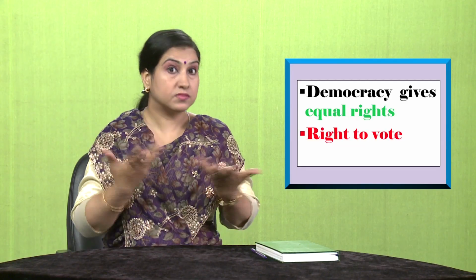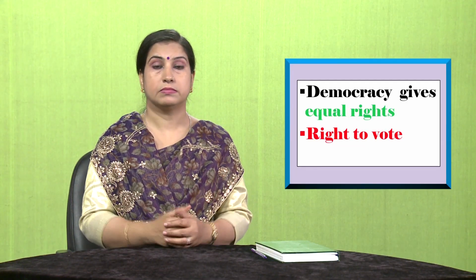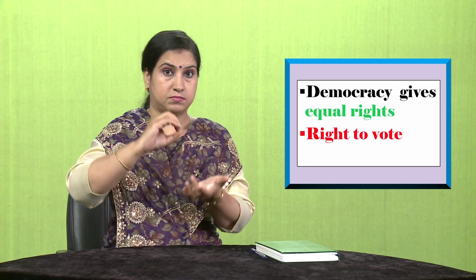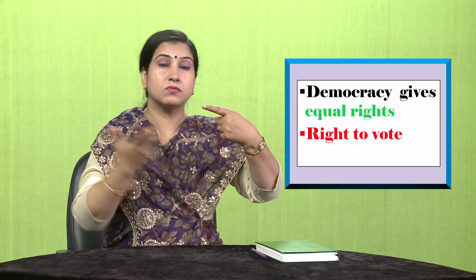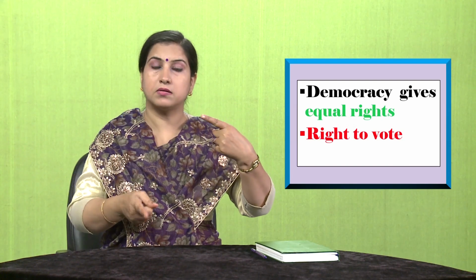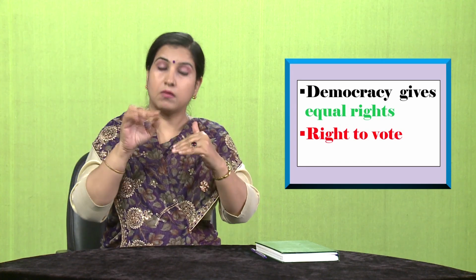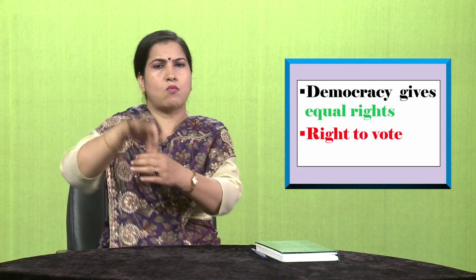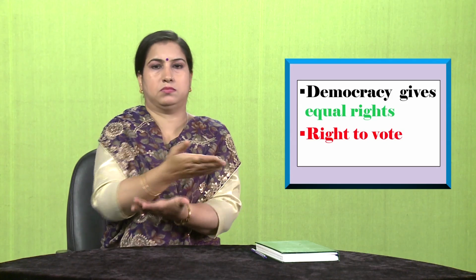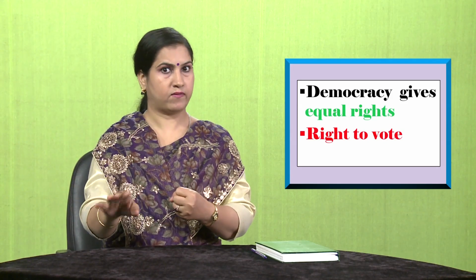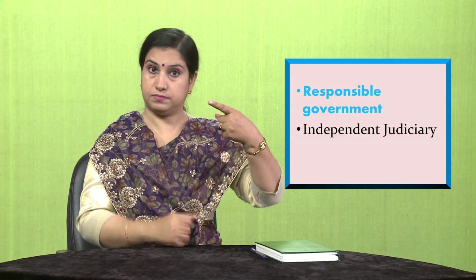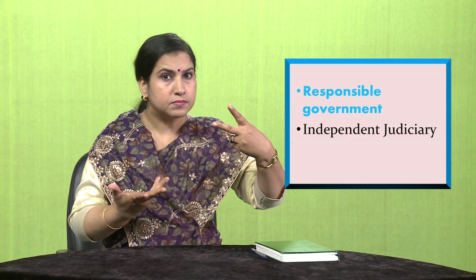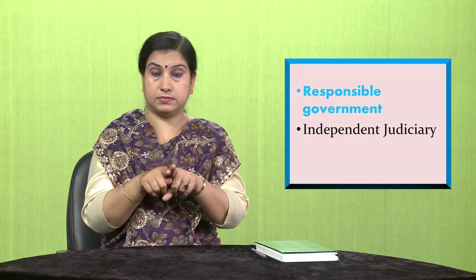First one is, for a democracy, it is also necessary that all the adult citizens have the right to vote. Second one is, in a democracy, there should be a responsible government.